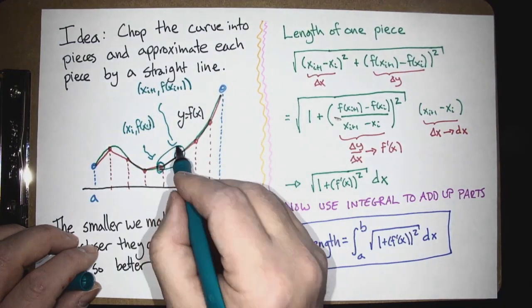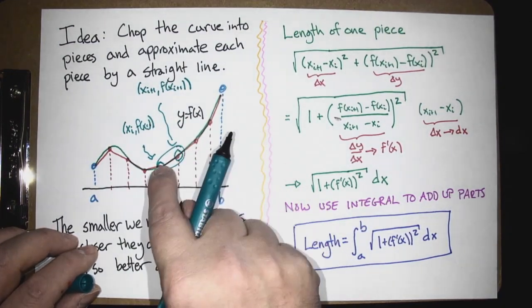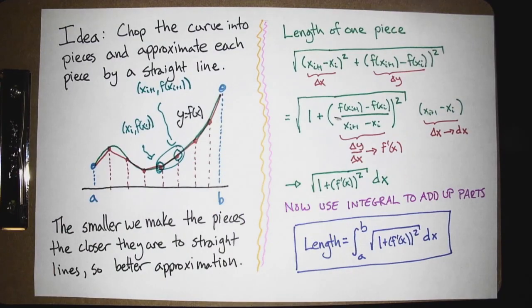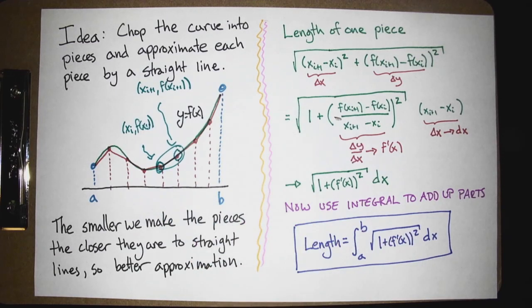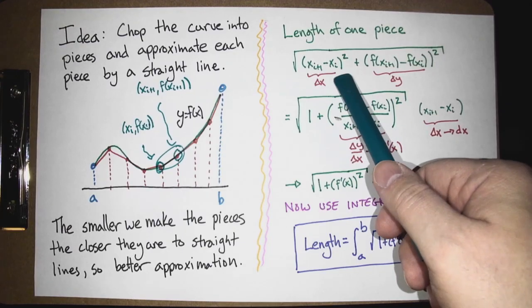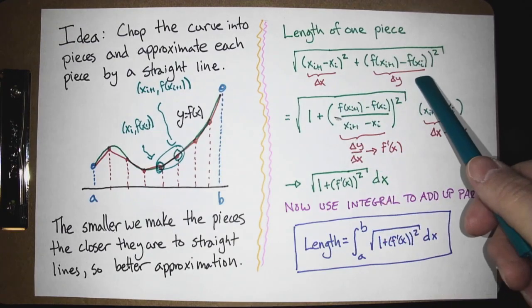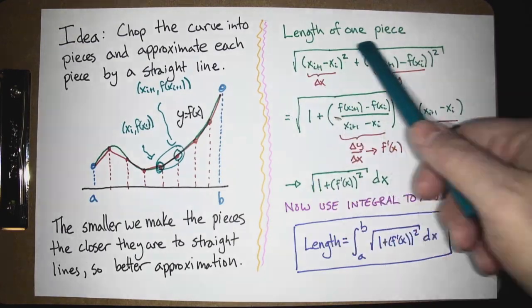And now the question is, what is the length of that line segment? Well, same thing we just talked about. We're just going to imagine that it's straight. It's a good approximation as things get better. So it's the change in x squared plus the change in y squared. Take the square root.